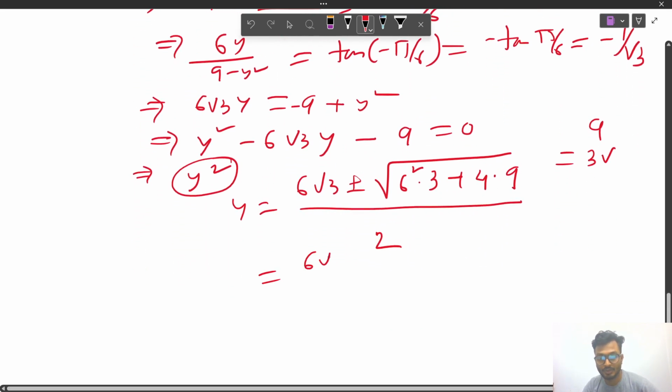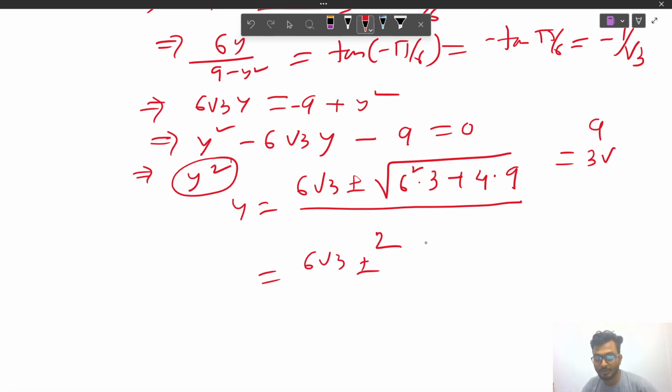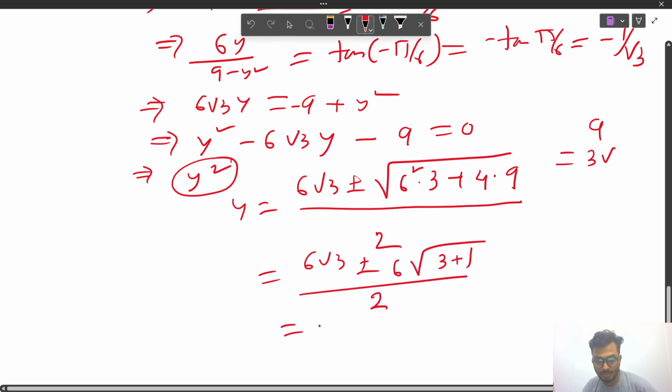So y equals 6 root 3 plus minus root of 9 into 4, that means 36, so 3 plus 1 divided by 2, so it will be 3 root 3 plus minus 3 into 2, that means 3 root 3 plus minus 6.